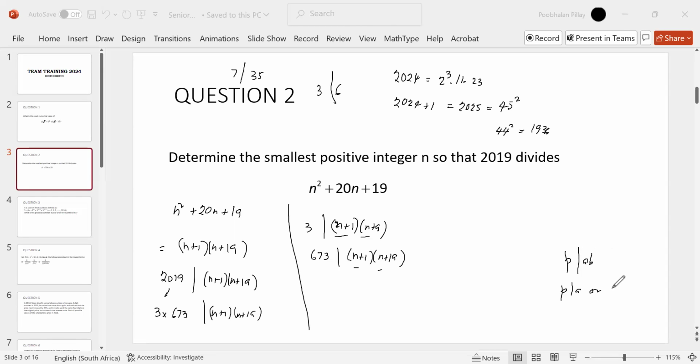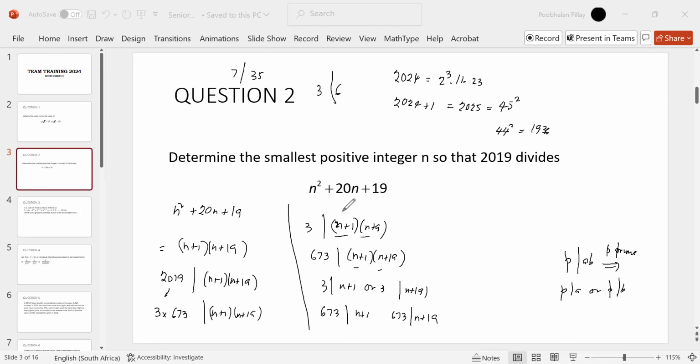It's a factor of A or it's a factor of B. This always works, if P is prime. So if a prime number is a factor of a product, it's always going to be a factor of one of these. So 3 is going to be a factor of n plus 1, or 3 is a factor of n plus 19. Or 673 is a factor of n plus 1, or 673 is a factor of n plus 19.